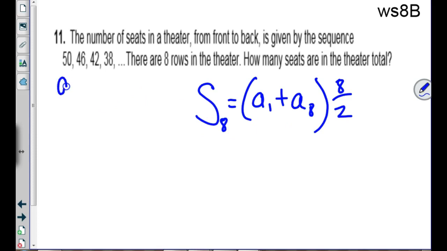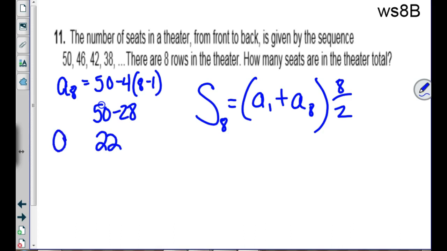So to find the 8th term, I would take 50 minus 4 times 8 minus 1. 7 times 4 is 28. I got 22 for the 8th term. Is anybody checking me?